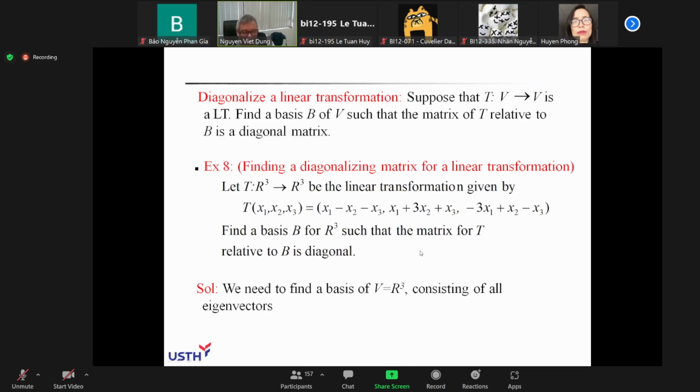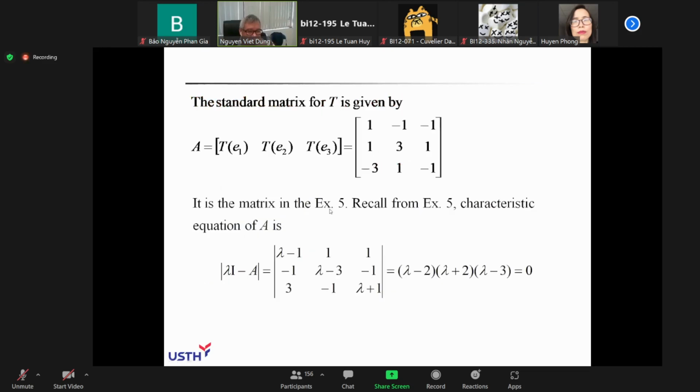How can you do it? We do as follows. For that, you write down the standard matrix for T. The standard matrix is here. Now we continue to find the eigenvalues and eigenvectors for A.